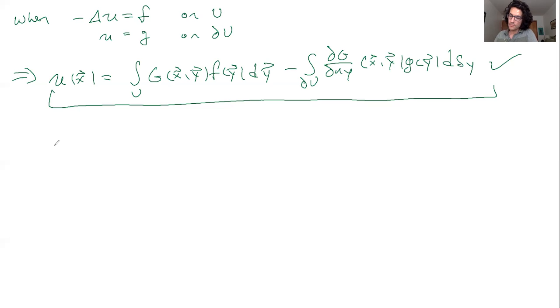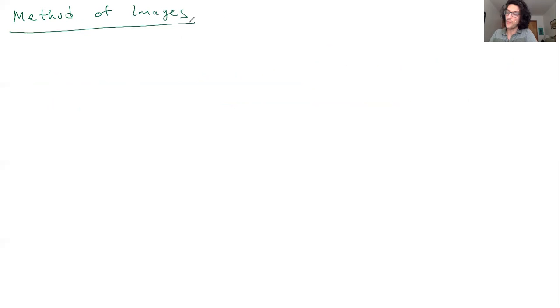Maybe it's good to start a new page for this part. So, method of images. This is how we cook up our Green's functions. We can do it a lot in general, but everything works out cleanly in a few simple analytical cases. So what's the point of the method of images?